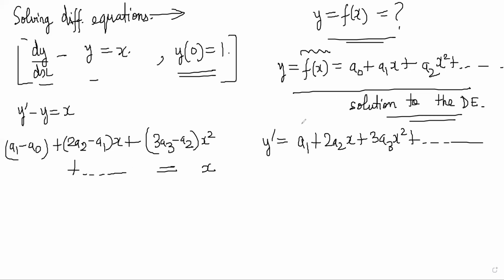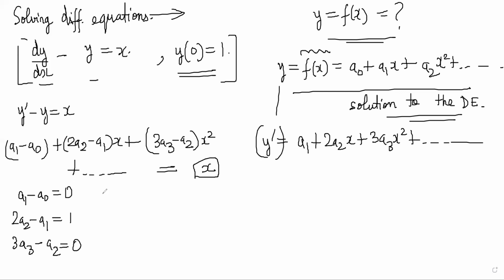I'm just putting y dash and y and subtracting and writing it equal to x according to the original equation. So that immediately gives us a1 minus a0 is equal to 0, because this infinite polynomial has to be equal to x. And 2a2 minus a1 is equal to 1 and everything else will disappear.